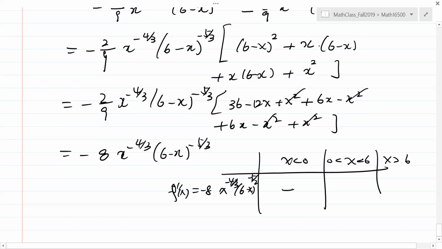The term with x to the negative 4/3 is always positive. When x is between 0 and 6, this is going to be negative. When x is greater than 6, I think this is positive. So concave down, concave down, concave up.